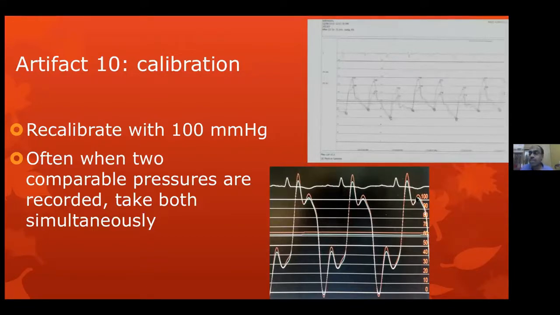Can we measure negative pressure accurately with the same transducer? What is negative pressure? The pressure transducers that we are using are all meant for recording what is above atmospheric pressure. If I say my blood pressure is 120 by 80, that is 120 by 80 above 760 millimeters of mercury.